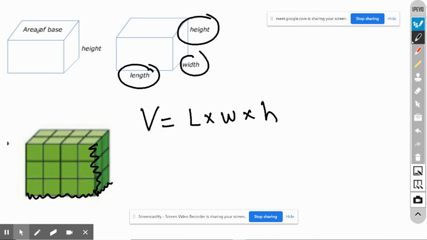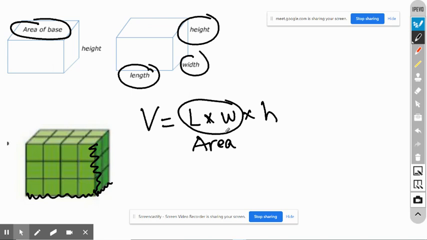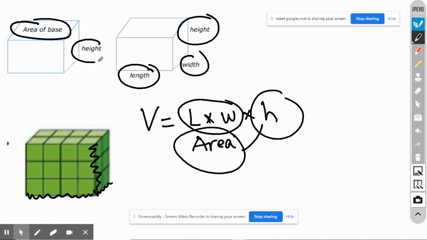But be careful. If a problem gives you the area of the base, what it means is they gave you the length and the width multiplied already for you. So that means you don't have to do this part. It's done for you here. This area of base, this is it here. So what you're going to do, you still have to multiply this by the height.